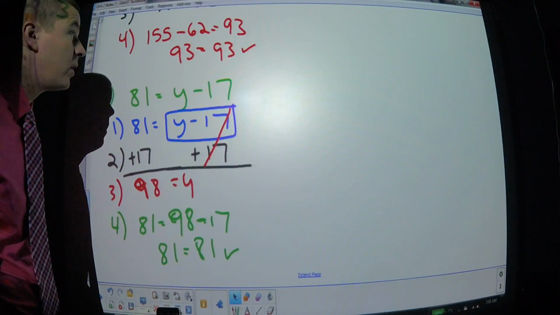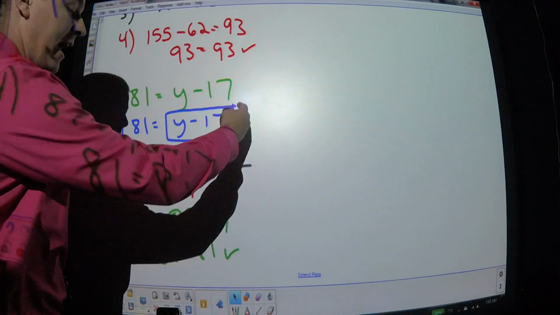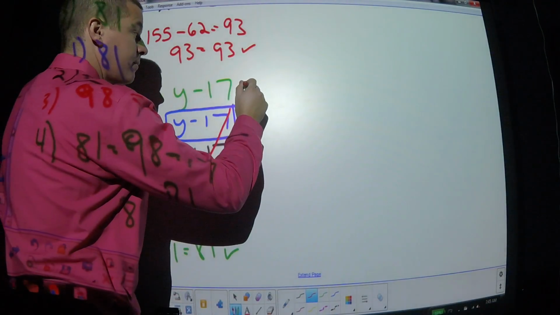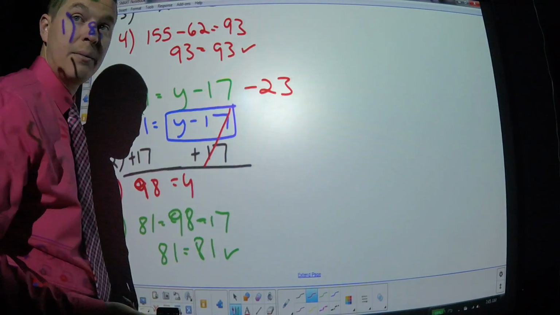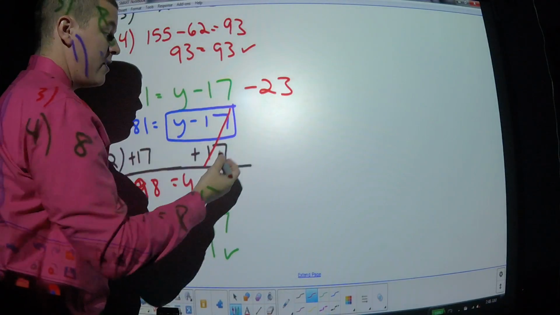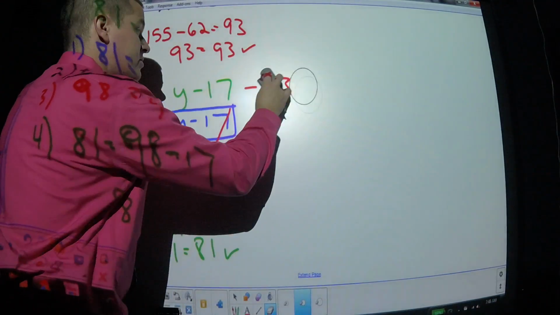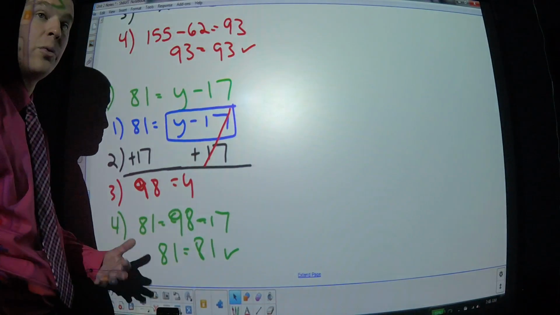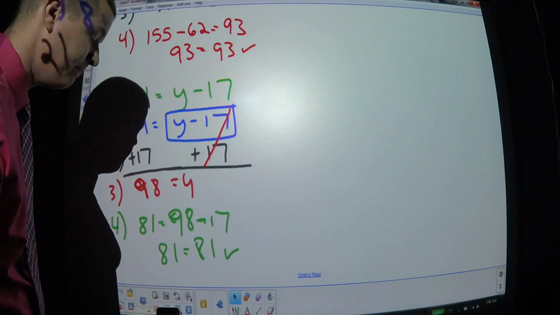And I do want to make a note that just like in the previous section, if you have an extra operation in there that you need to do first, do it, then do the 4 steps. Good luck.